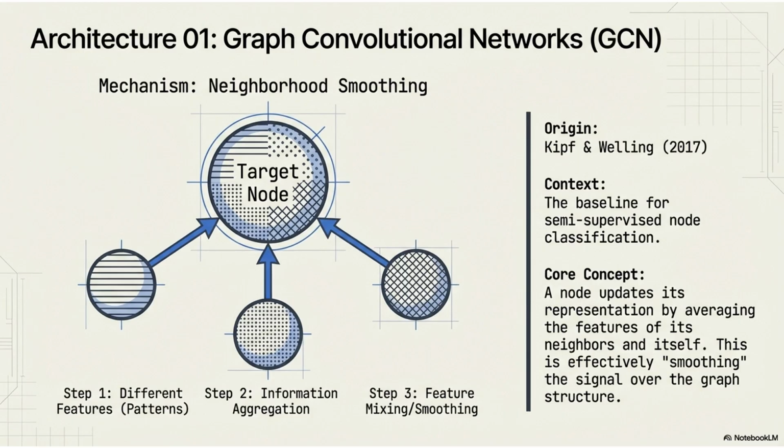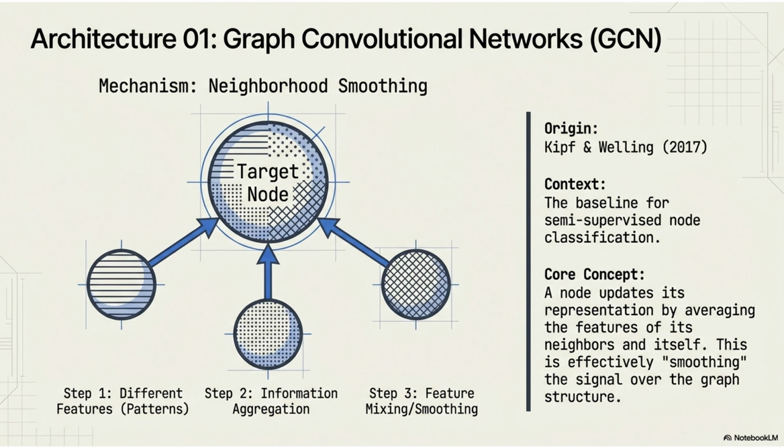Here we are showing the graph convolutional network. Here we take the target node and the neighbor smoothing mechanism. First we take input values from different sources. Step 1, we collect the different feature values or patterns.